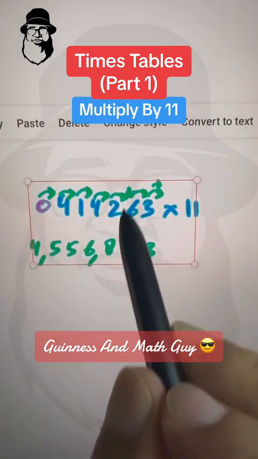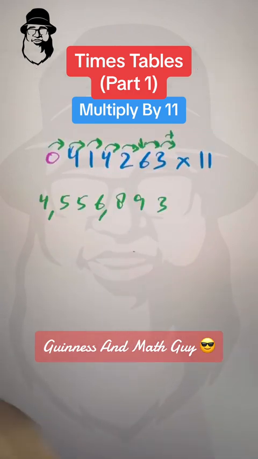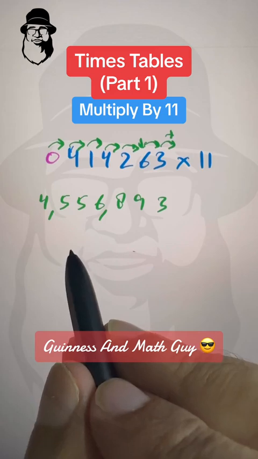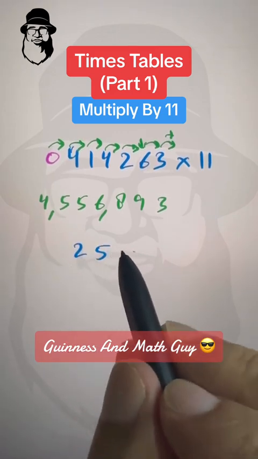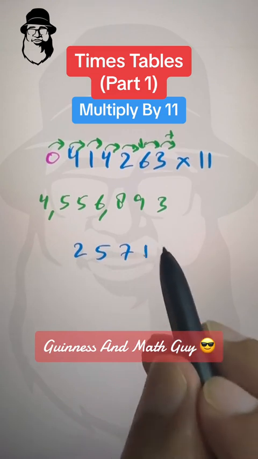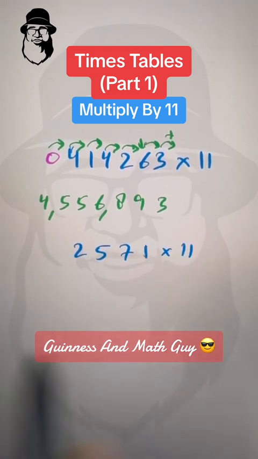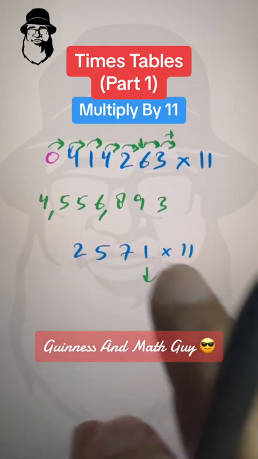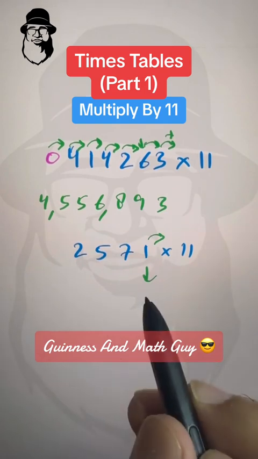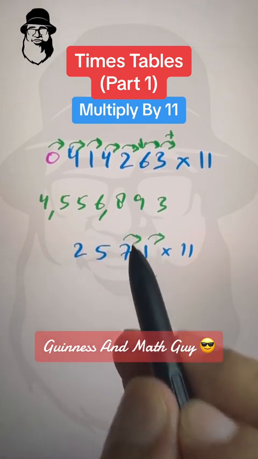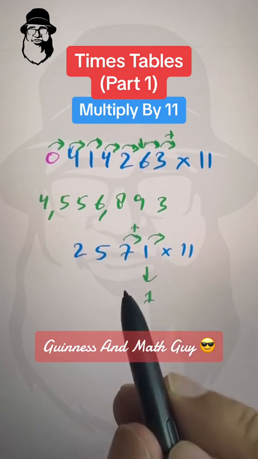And sometimes there are carries also. So let me put it a little above. Let's say we have 2, 5, 7, 1 times 11. Adding 1 to its neighbor is still 1. And 7 plus 1 is 8.